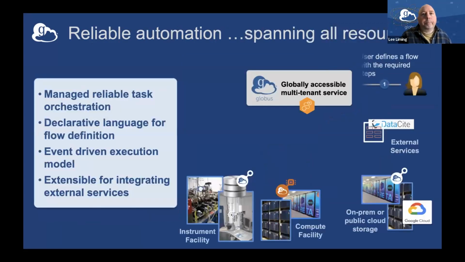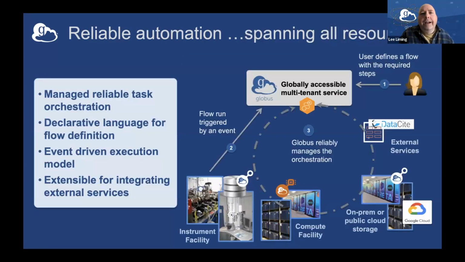Oh yes, and there's one more thing. We also provide reliable automation. So all the things that I just mentioned, accessing storage, accessing compute, transferring files, running functions as a service, all of that can be automated using Globus's flow service. In Globus, you specify what the steps of your flow are, and then Globus provides that flow for you as a service that you can then call and run over and over and over again.